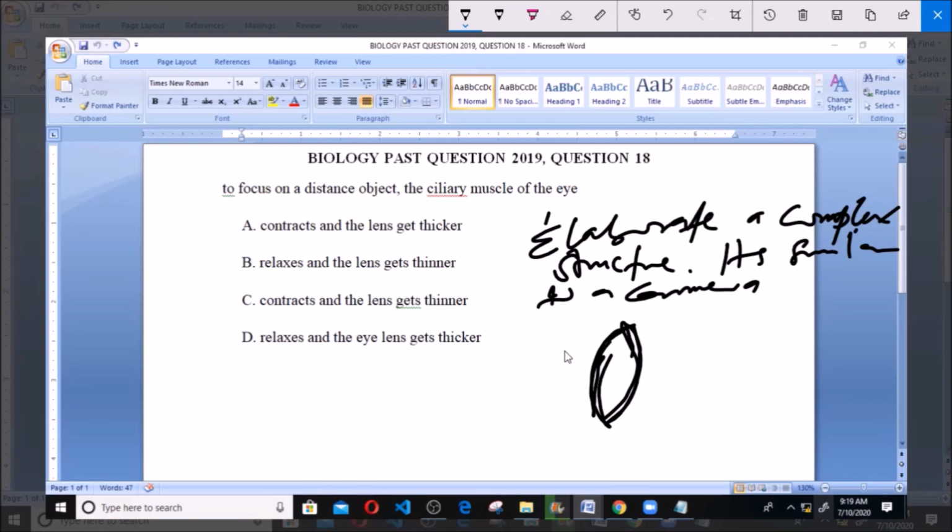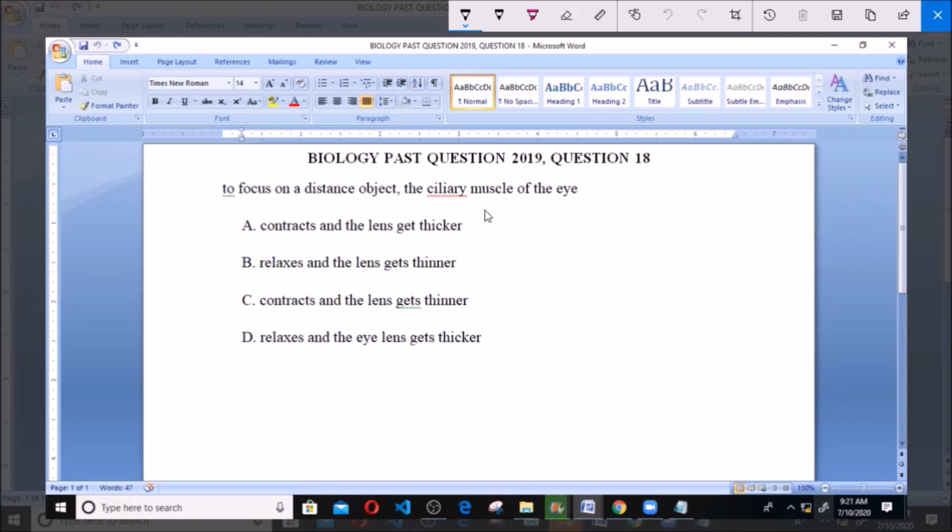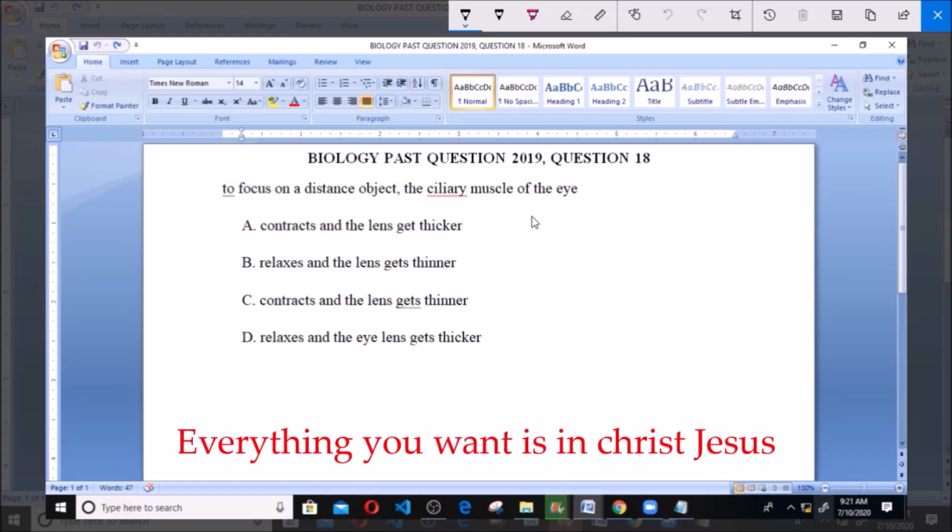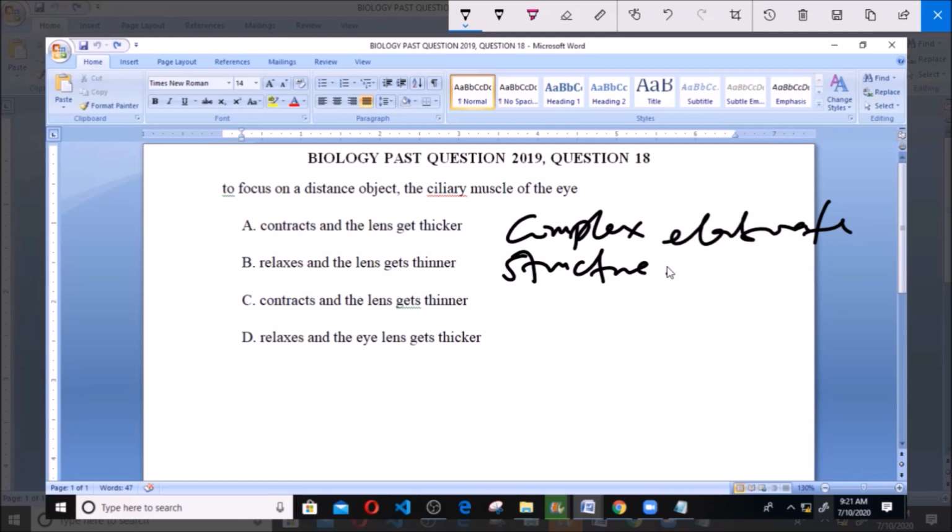The eye is a very complex and elaborate structure. It helps us to see. Now our sight is not just based on you looking and seeing; there are so many things that go on before you see.